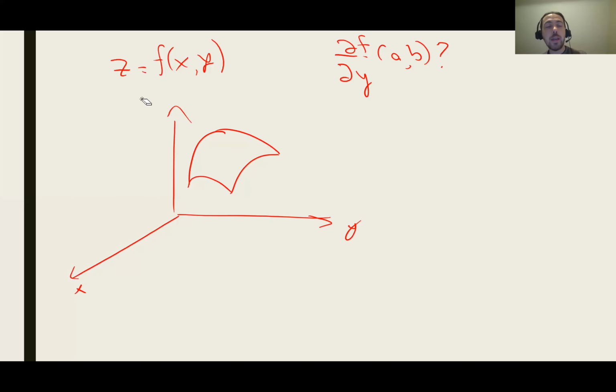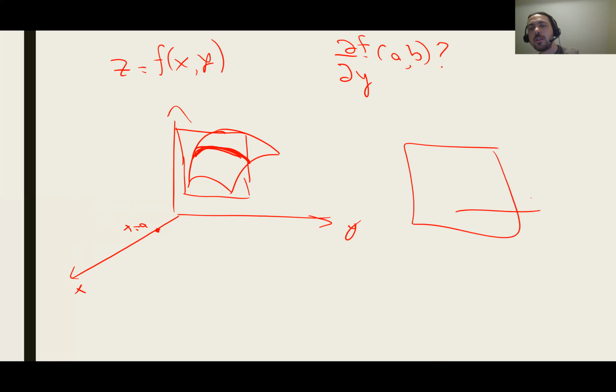If we fix a value of x, if we keep x constant, say x equals a, that gives us a section of this graph that looks kind of like this, and it turns it into a function of a single variable.